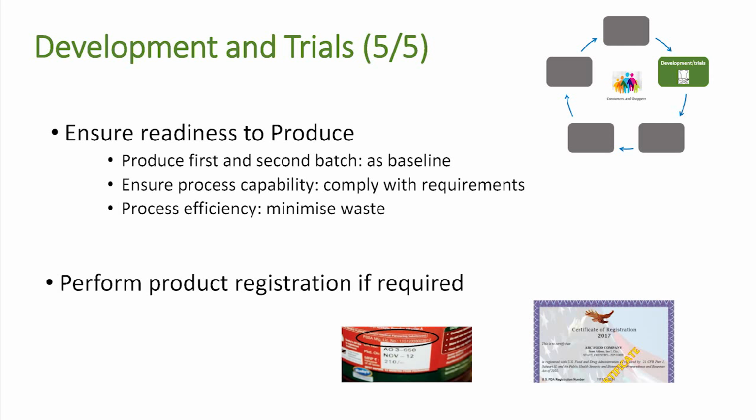You ensure what we call process capability. It is a big word, but it is not complicated. It is basically, you have defined some requirements, and you want to make sure that the production you are doing will comply with those requirements. As an example, for my biscuits, I want to achieve a moisture of this amount.